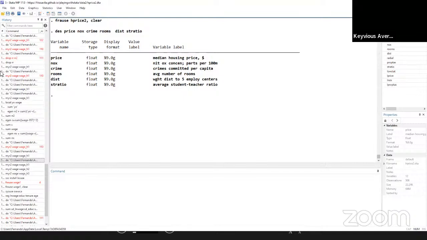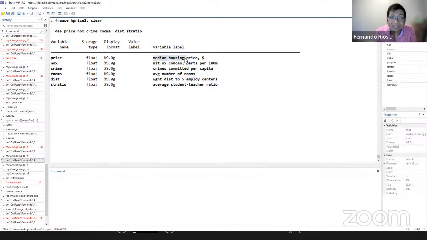Yes. Thank you. So because this says these are median prices, I'm guessing that this information is at the regional level. And at the regional level, the other piece of information is whether the median price of a house in a particular region is a function of the nitrogen oxide, a kind of air pollutant. The concentration of that per 100 square feet of air, not sure what the unit would be.